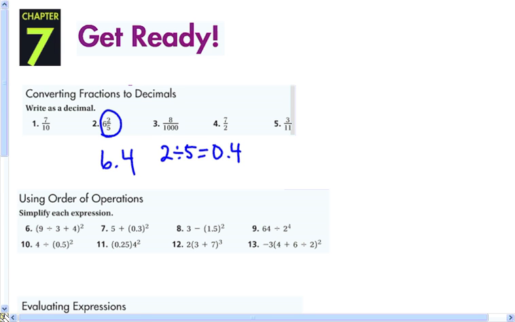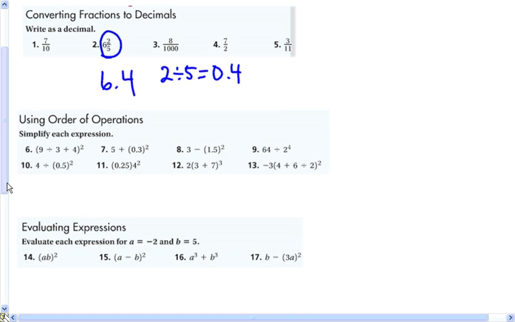Using the order of operations, once you have exponents, you have to know that exponents need to be simplified before you multiply and divide or add and subtract. So I'll just pick one of these that I think you may have an issue with. Let's look at this one here. We have 4 divided by 0.5 squared.